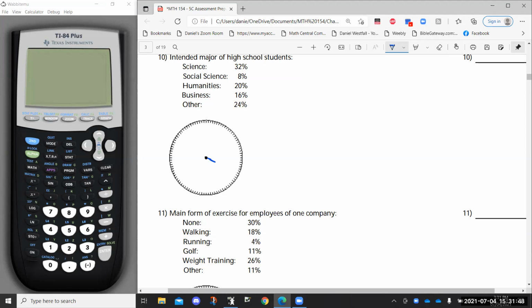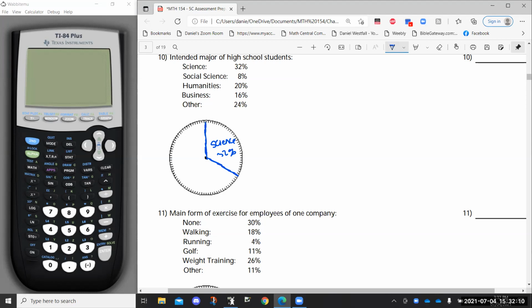So I'm going to say that that's roughly 32%. Let's pretend that this slice here is science, and let's pretend that it represents 32%.